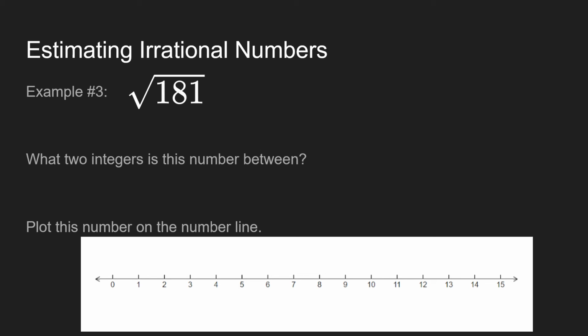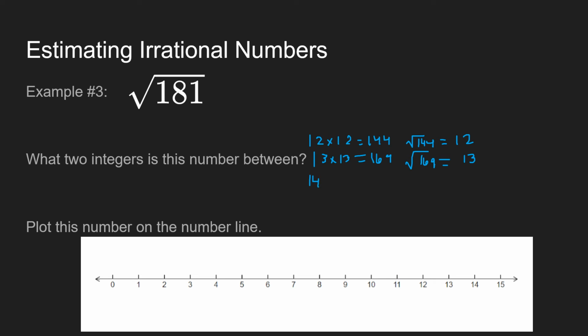Our third example is the square root of 181. First, let's figure out what two integers this number is between. We know that 12 times 12 is 144, so the square root of 144 is 12. 13 times 13 is 169, so the square root of 169 is 13.